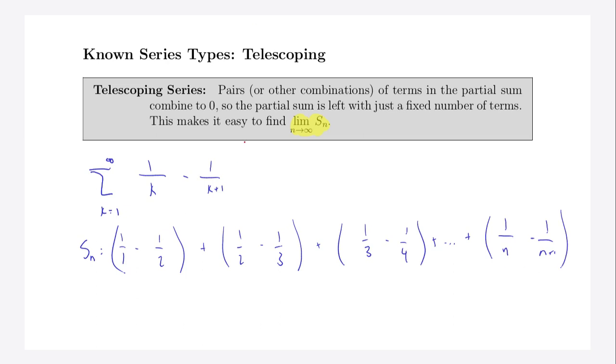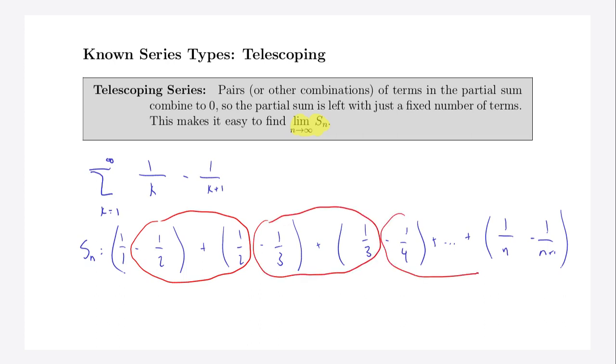And you'll notice that we have a negative half plus a half, and a negative third plus a third, and a negative fourth plus a fourth, and then eventually we'll have a negative 1 over n plus a 1 over n. And so our partial sum is really just 1 minus 1 over n plus 1.